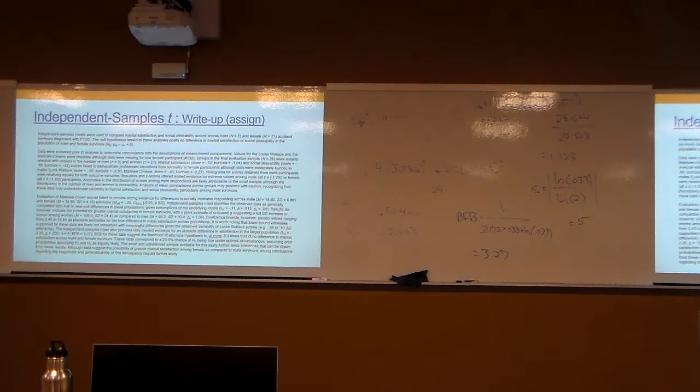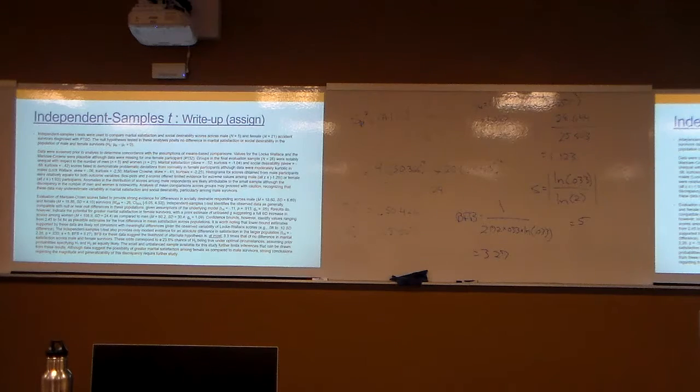But we say potential for greater marital satisfaction in female survivors, with a point estimate of unbiased G indicating a full standard deviation increase among women as compared to men. Then we're saying confidence bounds range from a difference of about 2.5 to about 55 as plausible estimates for the true difference across populations. Worth noting that the lower bounds supported by these are likely not consistent with meaningful differences, right?